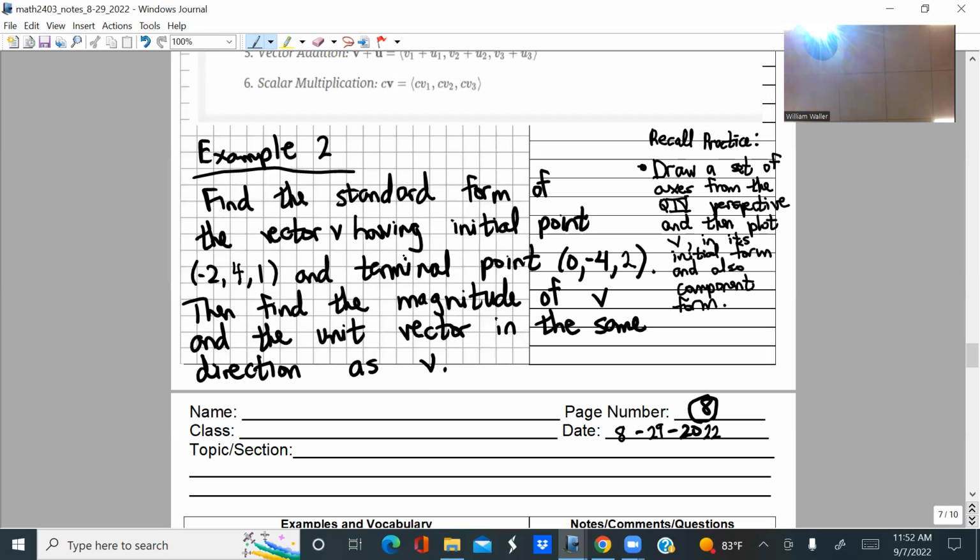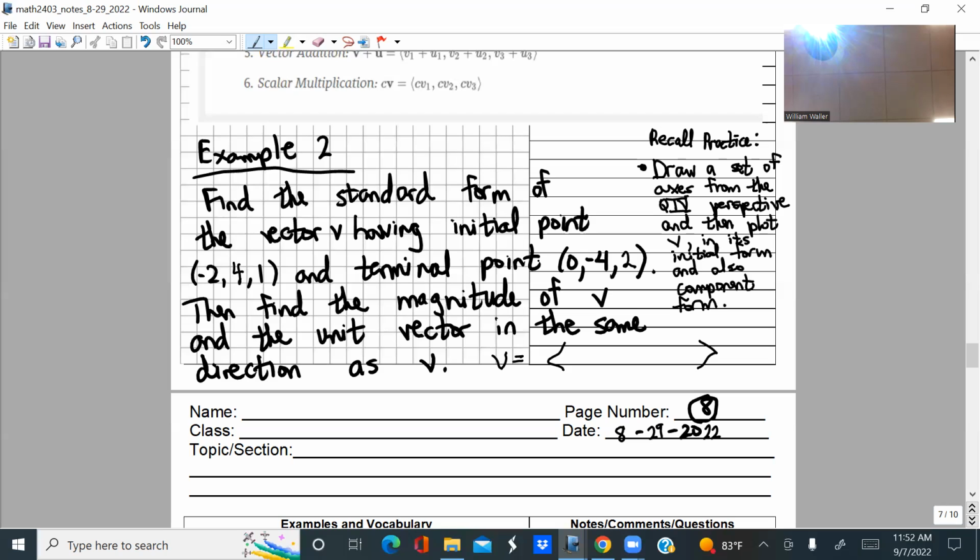So let's try doing that just to get you started here. What would this vector v look like in component form, where we assume that (0, 0, 0) is the initial point? Here the initial point is (-2, 4, 1). So if we take this vector and translate it down to the origin so that the initial point is on the origin, what is that vector?